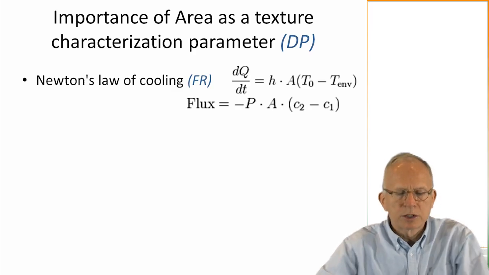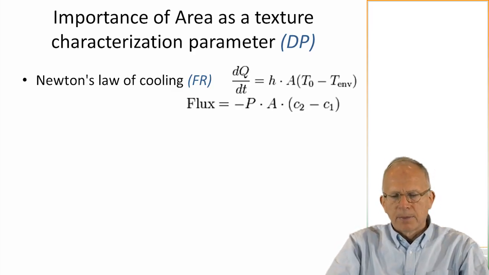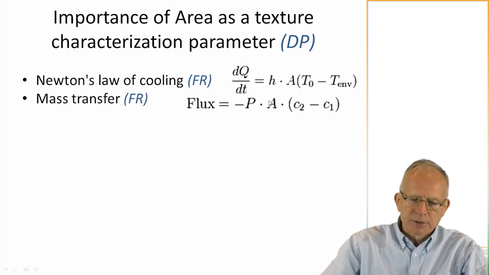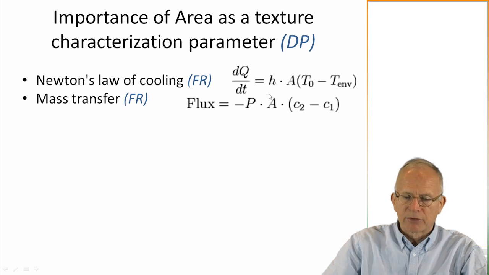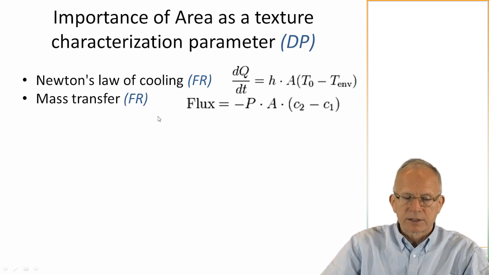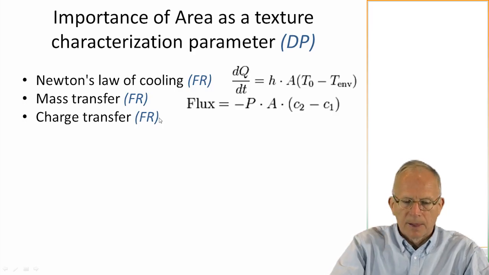Think of Newton's law of cooling. The greater the area you have, the greater the heat transfer, given a certain temperature differential and heat transfer coefficient. So area seems to be an important term here. It also comes up in mass transfer and flux. The greater the area you have, the more the flux is, the more mass you can transfer.